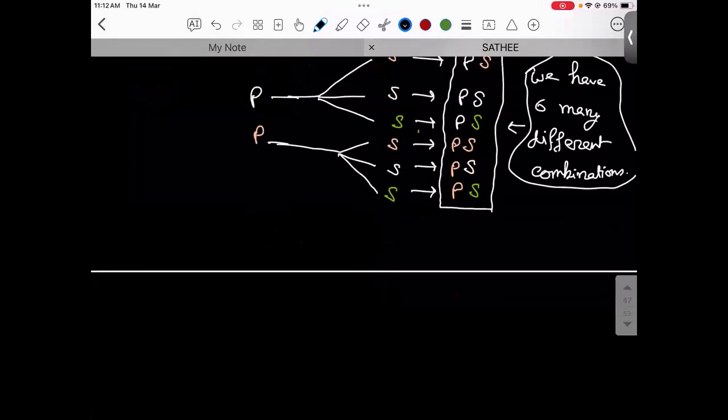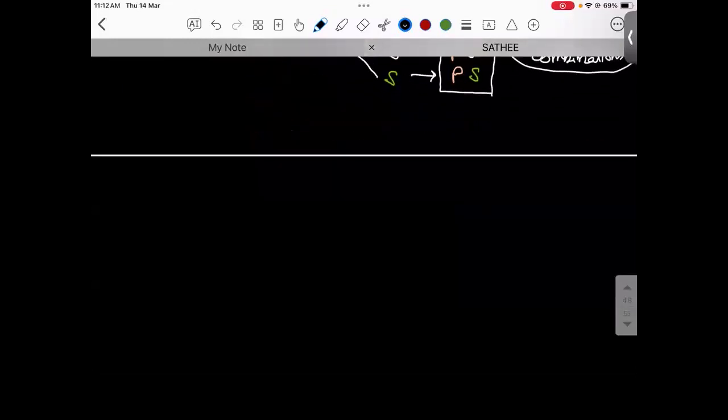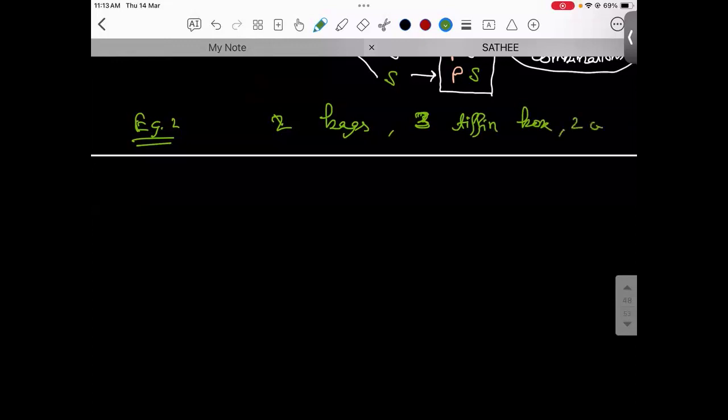Okay. Now consider another example. Example 2. That is, you have 2 bags, 3 tiffin boxes, and 2 water bottles.